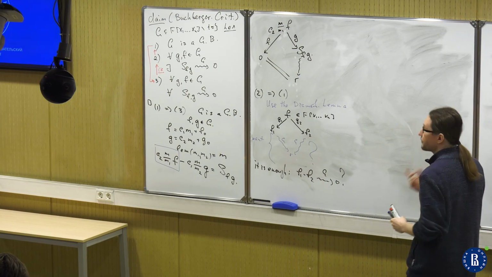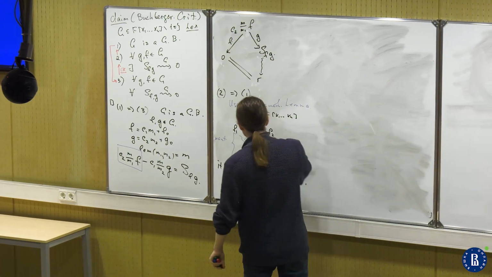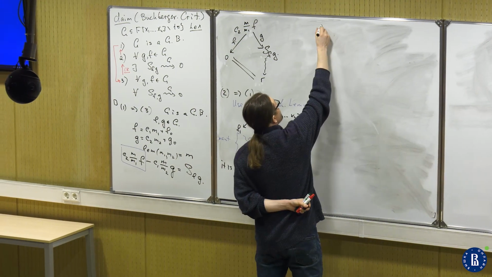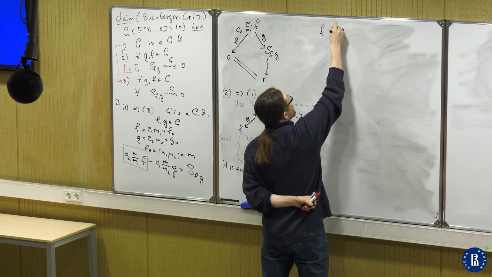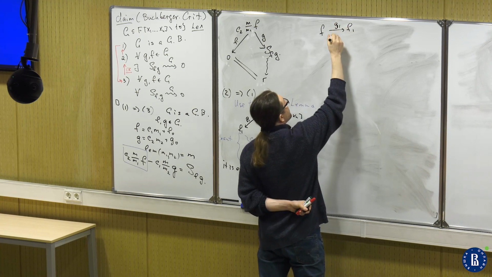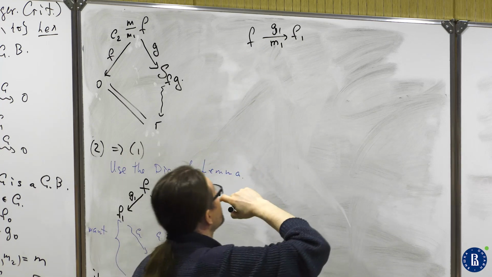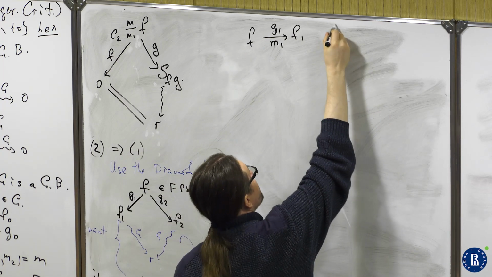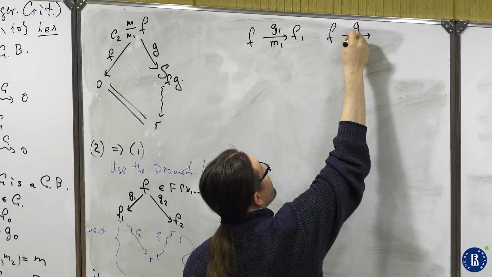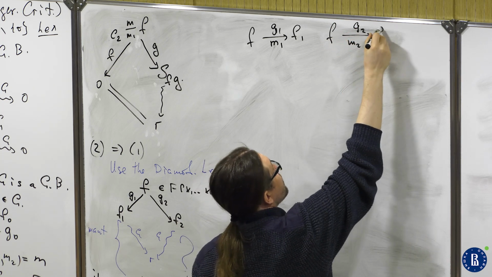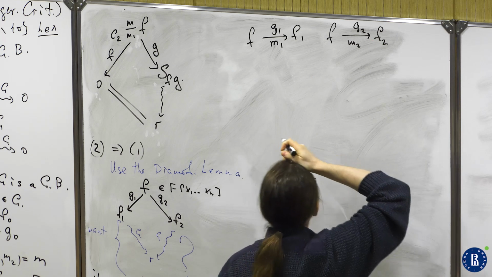By the definition, what was the reduction here? When we reduced this thing, let's say we took the monomial M1, and when we reduced this thing, we took the monomial M2.